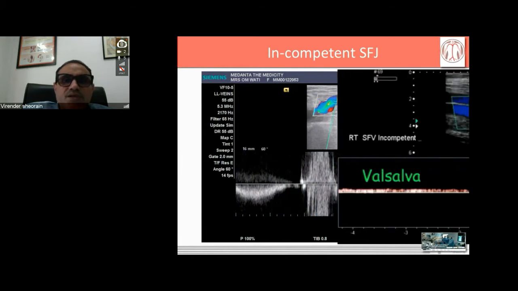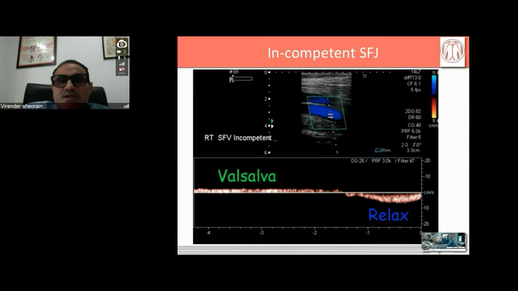So there are criteria for that, and you should be aware of when to diagnose a valve as incompetent whenever there is a reflux. It is basically 0.5 seconds, as mentioned in the book, but you have to look for many criteria apart from that.